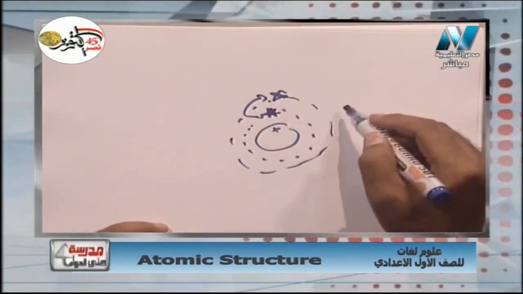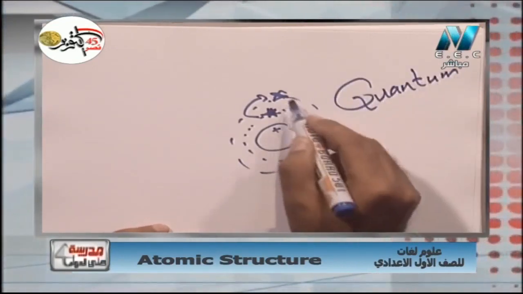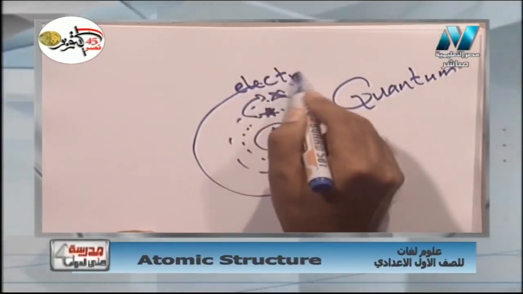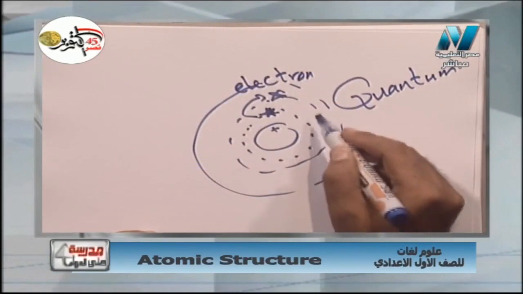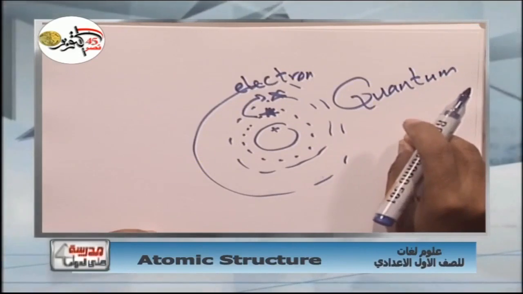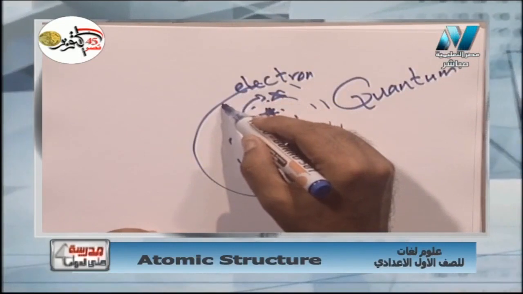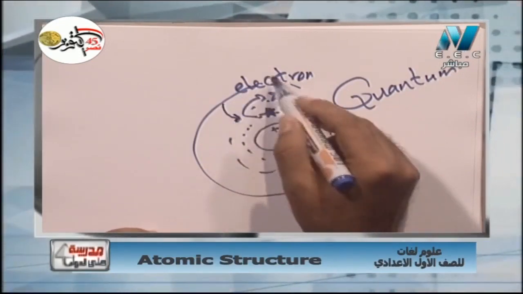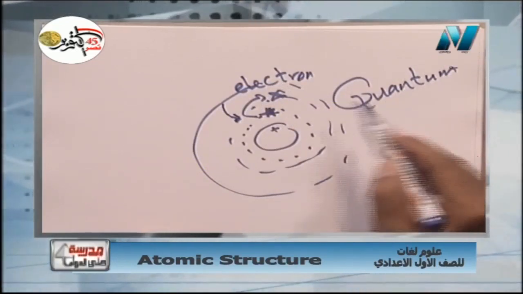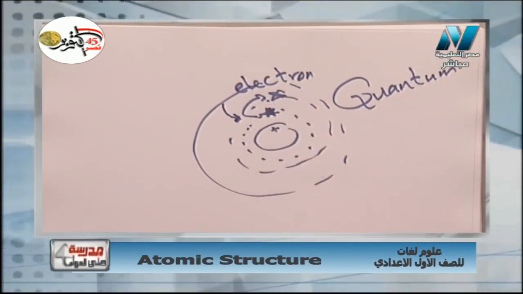It needs a quantity that is called quantum. Also, if an electron in the 3rd energy level, M, loses a quantity of energy, it can transfer to the lower one. What is this amount? It's called the quantum. So quantum is the amount of energy that the electron gains or loses to transfer from one energy level to another one.